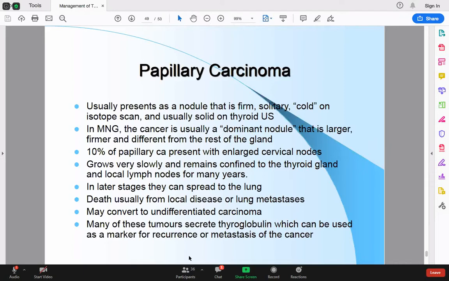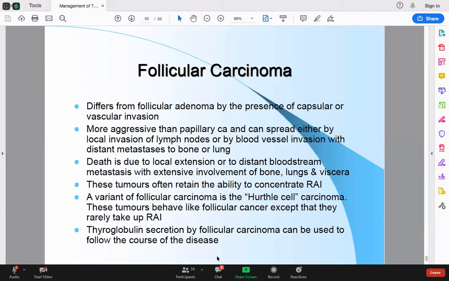Those tumors can secrete thyroglobulin, and this marker can be used for recurrence. So when we treat people for thyroid cancer, we can use thyroglobulin as a marker of recurrence or metastasis in the future.